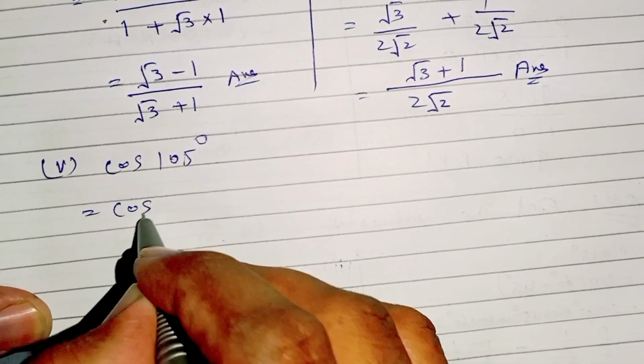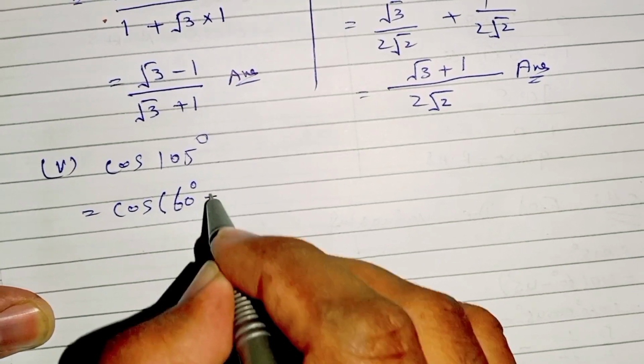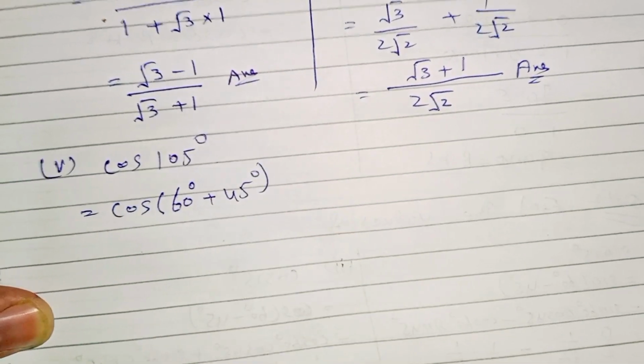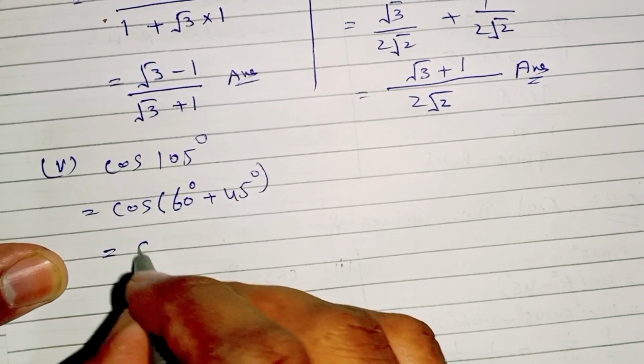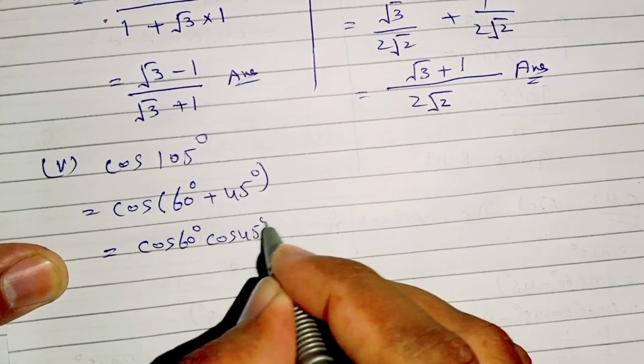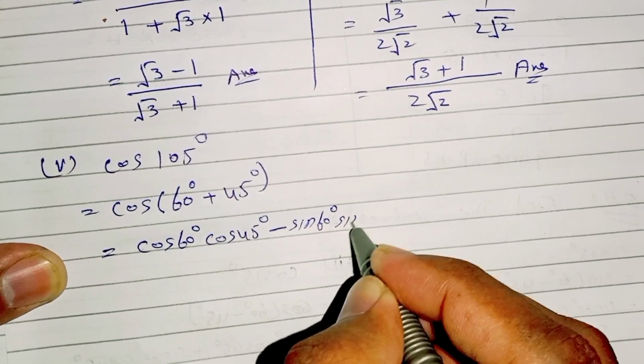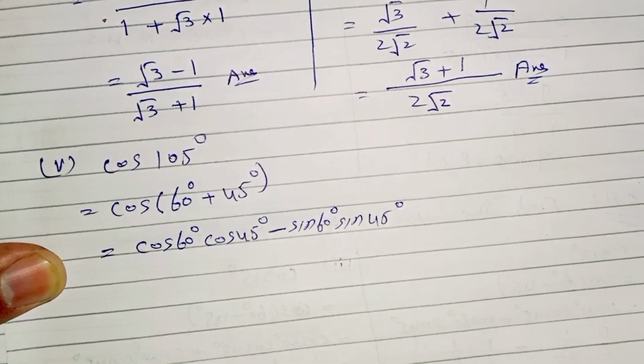Part number 5, cos 105 degree. It can be written as cos of 60 degree plus 45 degree. We have cos 60 degree cos 45 degree minus sin 60 degree and sin 45 degree.